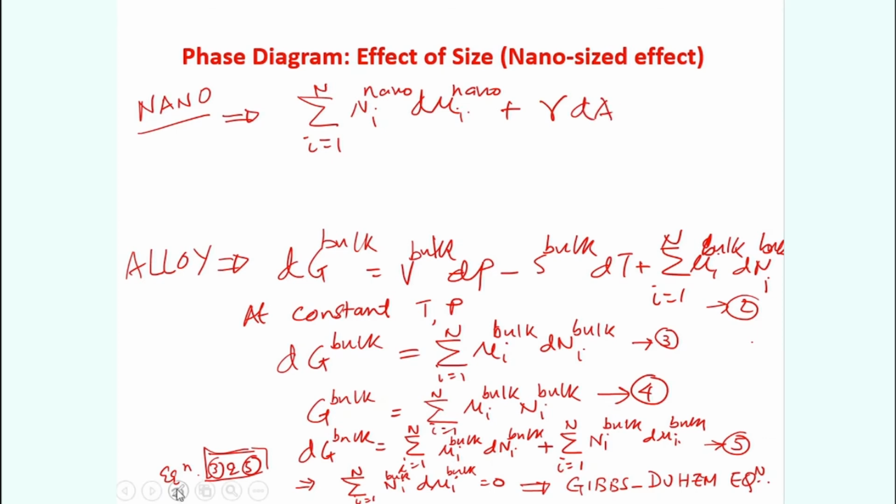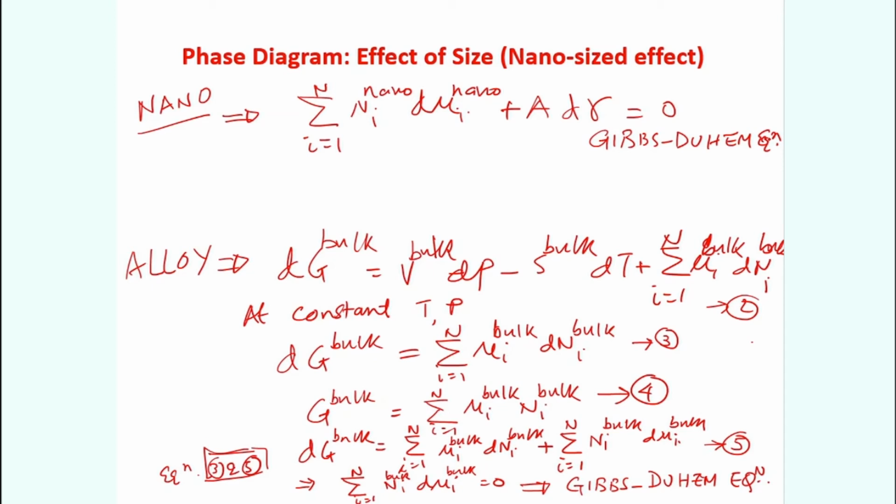No, that is not correct. Why? Because gamma dA will get cancelled. What will happen is A d gamma. This will all become 0. So that is the difference between the Gibbs-Duhem equation for the bulk and for the nano. For nano, you are adding a term A d gamma, correct.